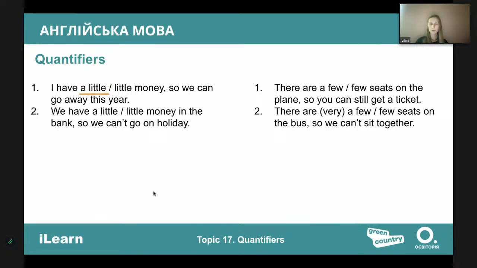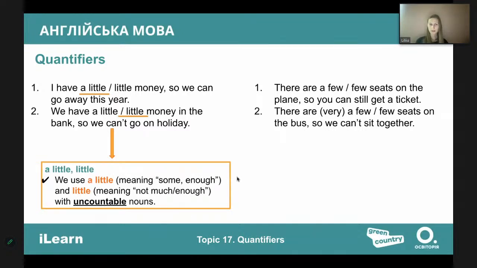And what about number two? We have a little or little money in the bank, so we can't go on holiday. And here it's little. So just remember that even though they look almost the same, article means a lot.